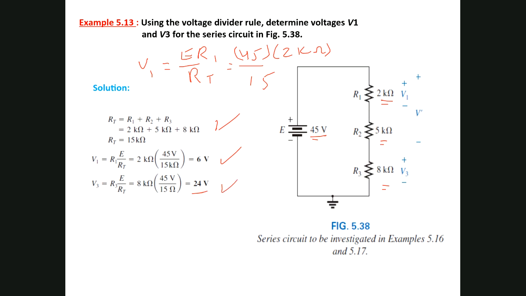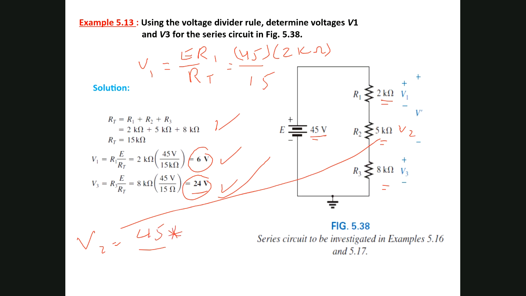When you add 6 plus 24 plus the other, what is V2? You can also find V2, which is 45 times 5K over 15.